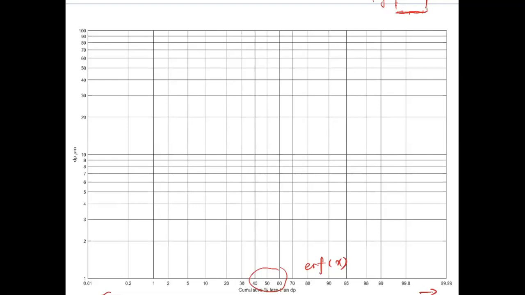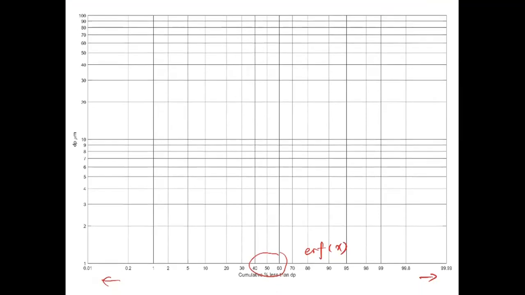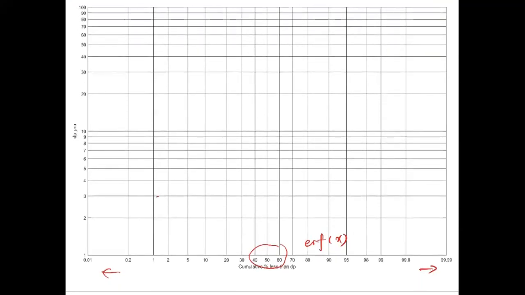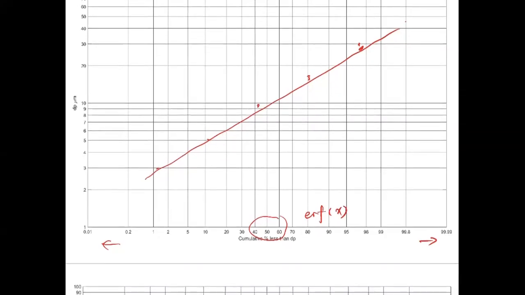Okay, so with this semi-log plot, we can use that to confirm whether a size distribution follow a log normal distribution. The way we do that is just to see whether the points that we get, for example, from the impactor measurements, follow a straight line. If in general they follow a straight line, we can say that they follow a log normal distribution, right? There is other information that we can also extract from this semi-log plot.